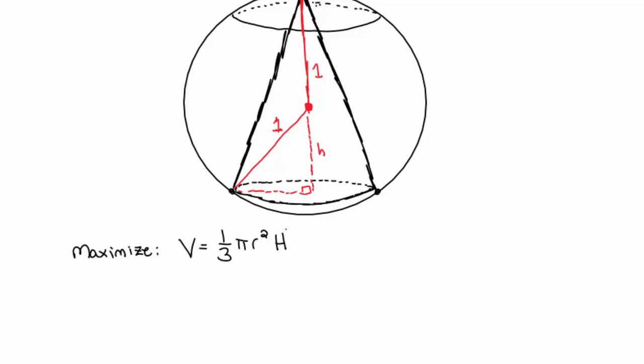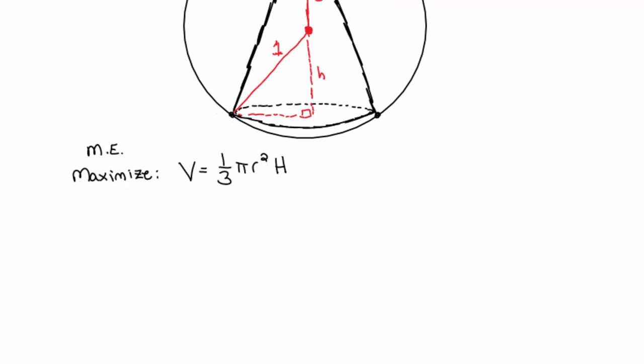Now notice that when you create the master equation, and this is the master equation, the thing you want to maximize, you will often have more than two variables, and we need a relating equation, an equation that relates at least two of those variables together so that we can crunch this down to a relationship between only two variables.